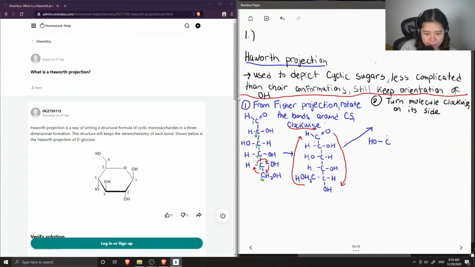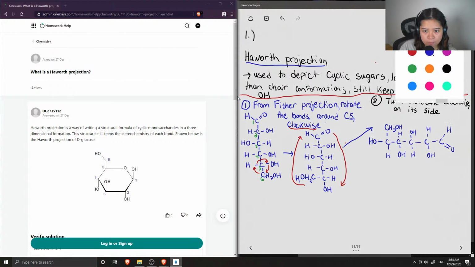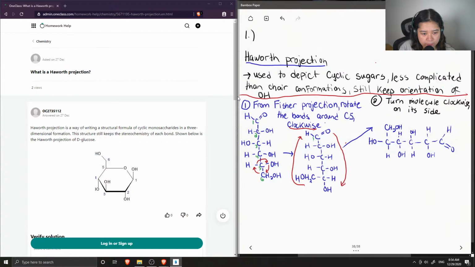So this is carbon 5. And let me just also number them so that we can see where all the carbons go.